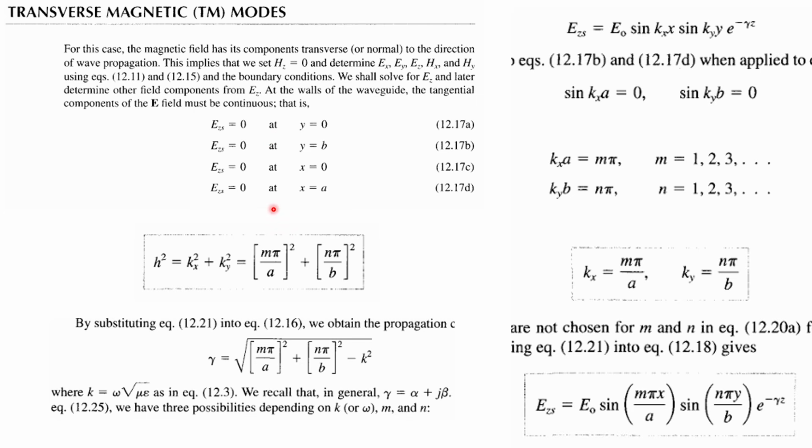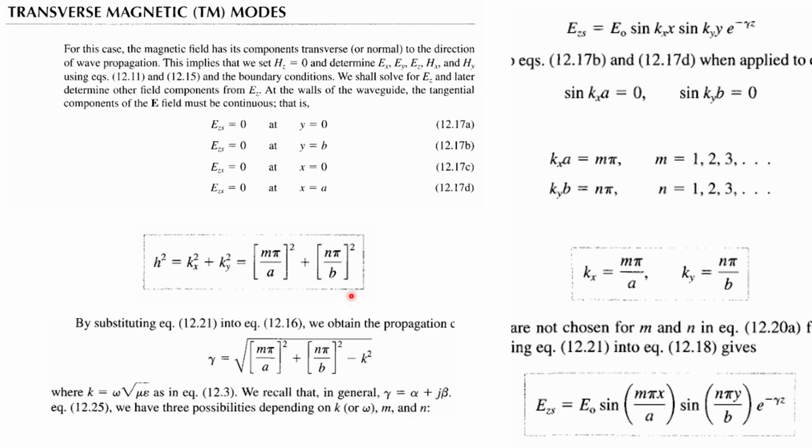Similarly, Ez is equal to 0 at x equal to 0 and x equal to a. So the dimension in the x direction is a, and in the y direction the dimension of your rectangular waveguide is b. Now h square can be written as kx square plus ky square. Now the question is, how can we find out the values of kx square and ky square?